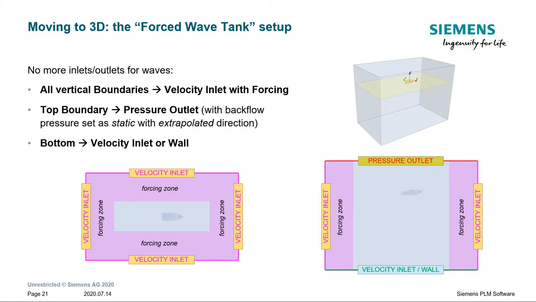Of course, we definitely need also to impose a pressure somewhere, and the ideal boundary for that is the top boundary, at which we impose the static pressure, and the recommendation is to set the backflow specification with the extrapolated direction.